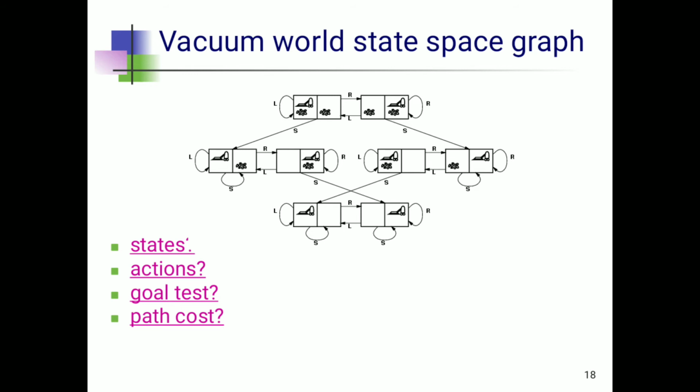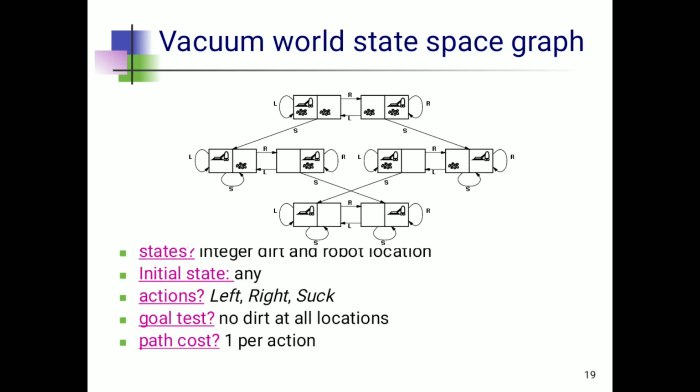So in order to formulate the problem, we need the states, actions, the goal test and the path cost. So the states represent the dirt and the robot location, that is, whether the dirt is present or not, and the robot location.